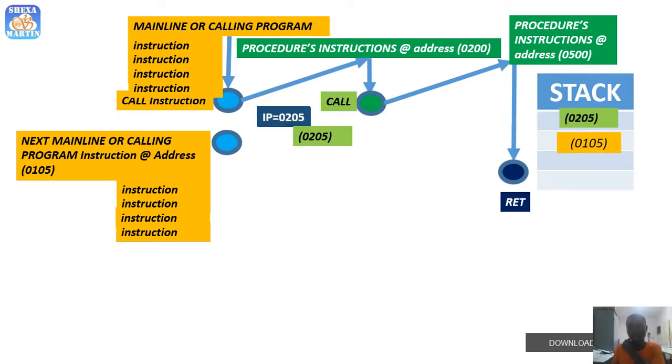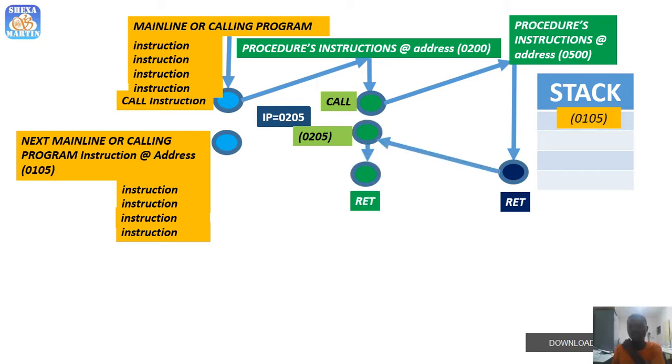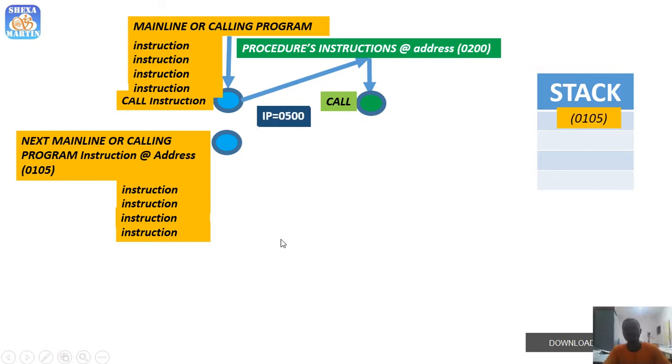The moment we say return, the value that was put on top of the stack goes into IP, so that we proceed with the execution of this second procedure. Then once we are done, the value on top of the stack is moved back into IP, so that we proceed to execute this instruction there. You see, it goes back, and then we have our IP 0105, and then we finish. So this is what happens.